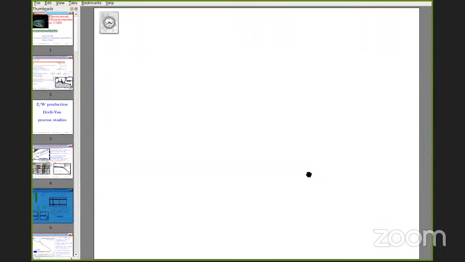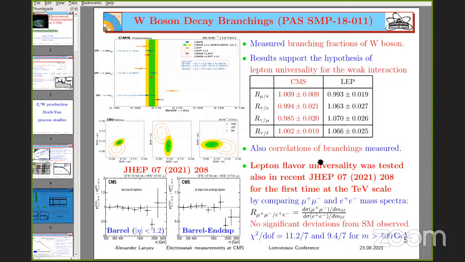Next, I show the slide for W boson decay branching, which is interesting from the point of view of lepton universality for weak interactions. And here the branching fractions of W bosons were measured in three states: electron, muon, or tau lepton decays.